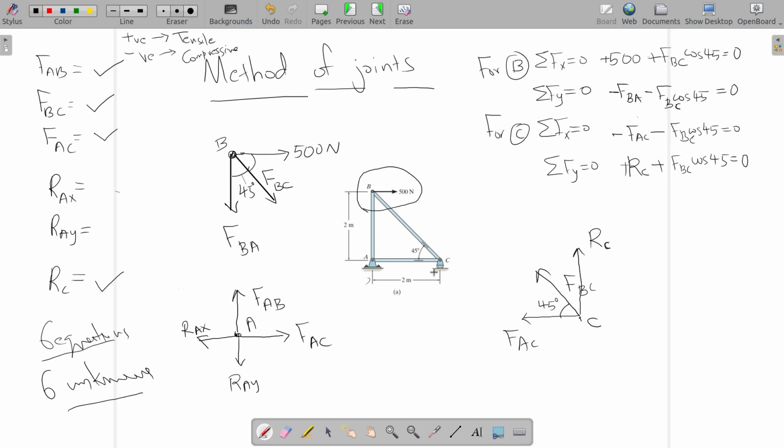If RC is positive, we will say that our assumption of support, here in this case you can only assume upward reaction, because this is drawn like you cannot lift it. I mean, if there is a force in this direction upwards, this is going to be lifted, so such a reaction is not possible. So there should be an upward.